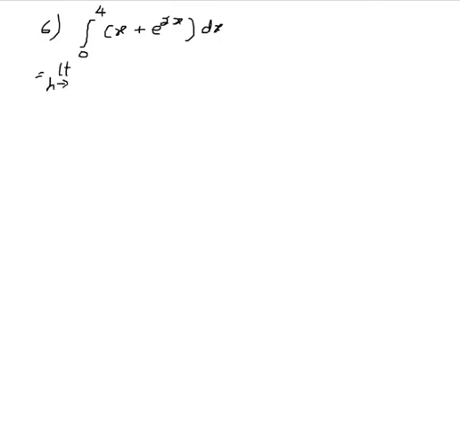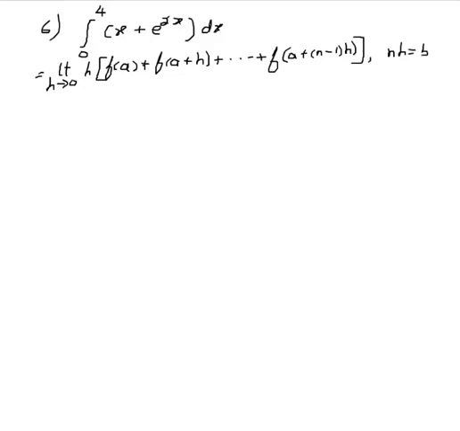Limit h tending to 0 of h into f of a plus f of a plus h plus etc. f of a plus n minus 1 times h, where nh is b minus a. Second step is substituting the values of a and b.